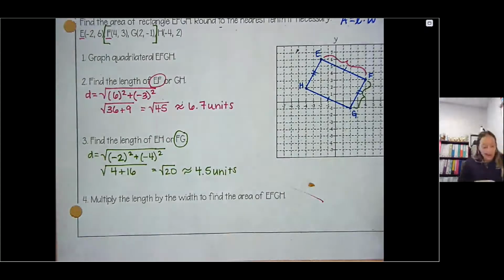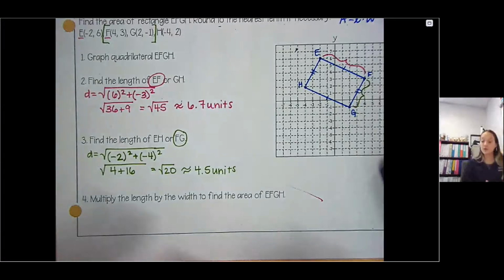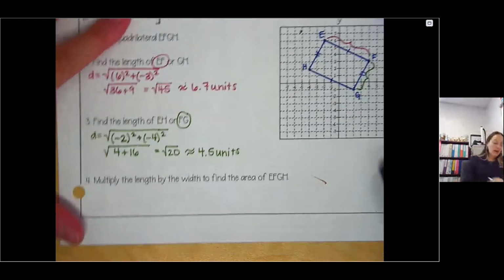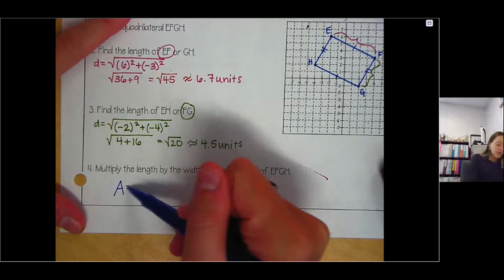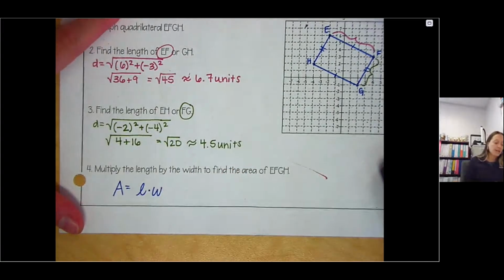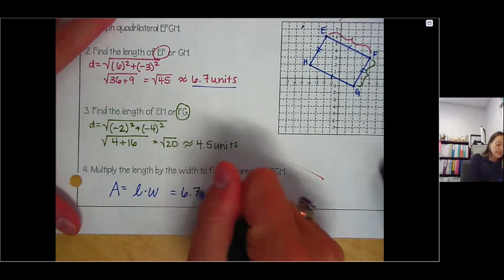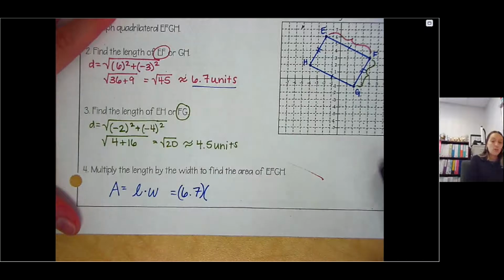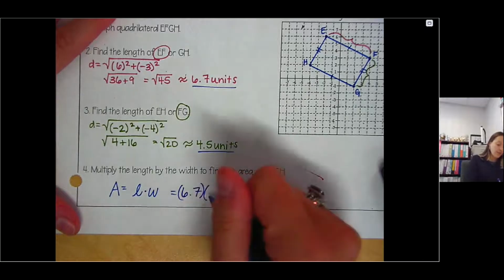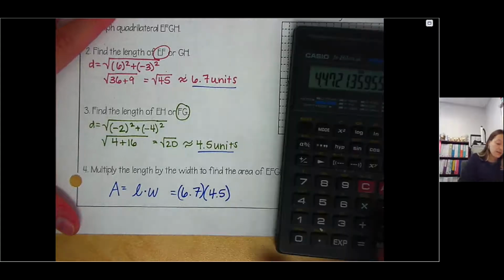Okay, last part is to find the actual area. So remember, our area is our length times our width. So I now need to multiply my length, which was 6.7, times my width, which was 4.5, and that's going to be my answer for my area. So 6.7 times 4.5.